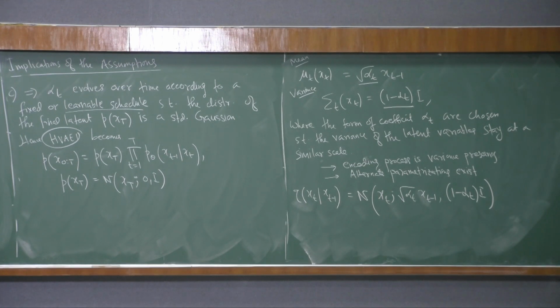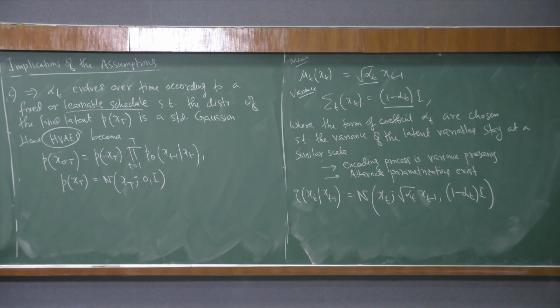Okay, so we have this gradual transition from VAE to hierarchical VAE to Markovian VAE, and then these modeling assumptions, and with this we can quickly summarize our plan.